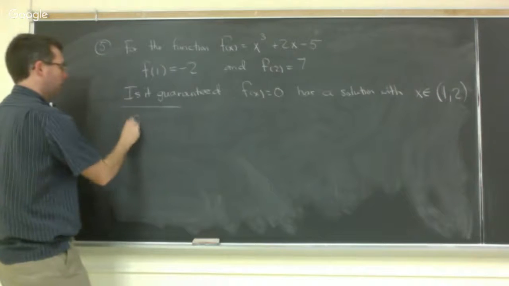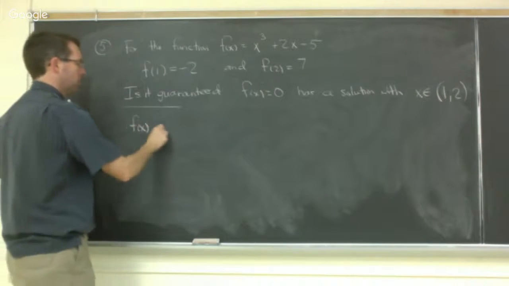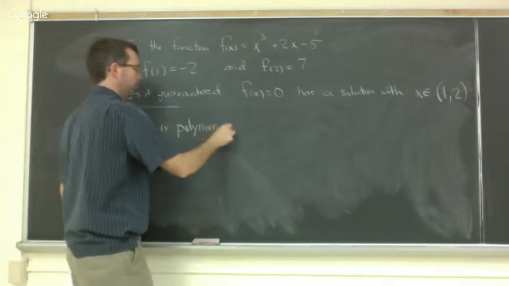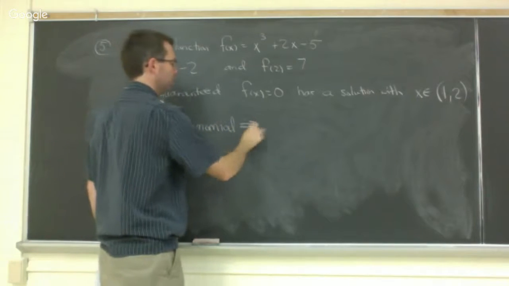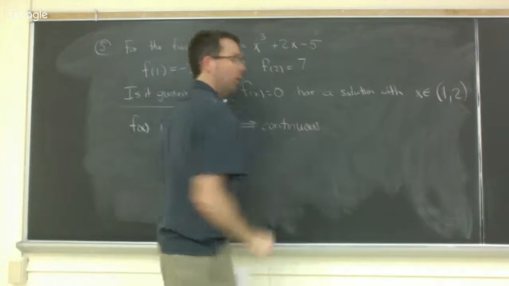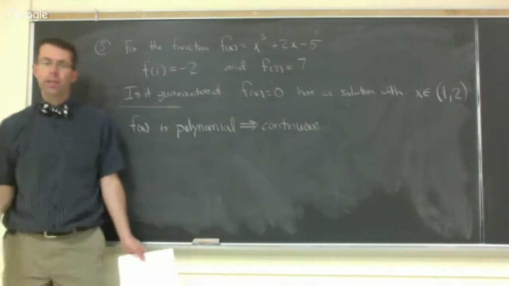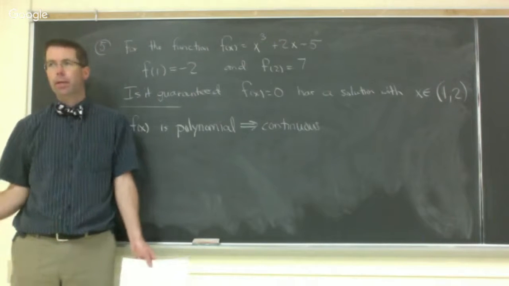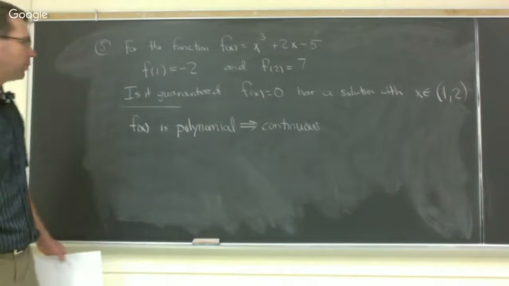So f of x is a polynomial. And polynomials are always continuous. They don't have any issues. They're never divided by 0. There's never anything undefined. And we have a closed interval.